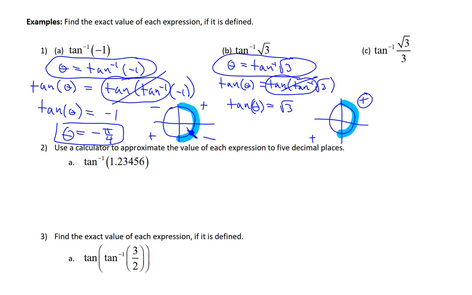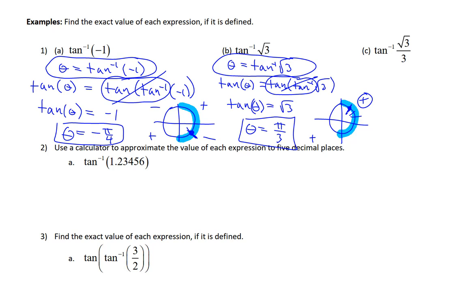And then the root 3 would be, if you can recall where the unit circle would hit, the upper place within that quadrant, which means theta there is π/3. Again, that's just building from the unit circle and incorporating the restrictions we've now put in place from where we've had to clip tangent to create its inverse. So π/3 would be theta in this case, which represented this original expression in the problem.